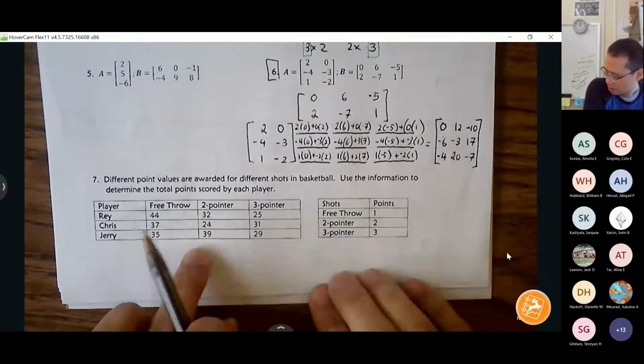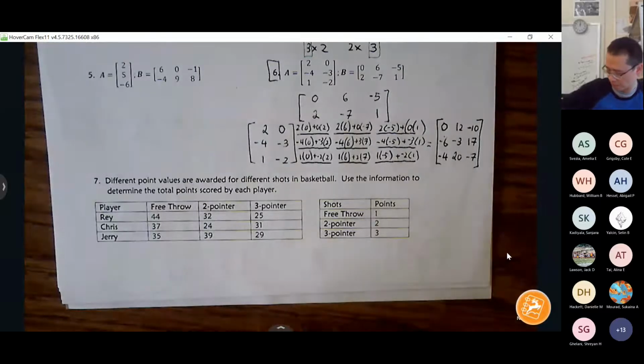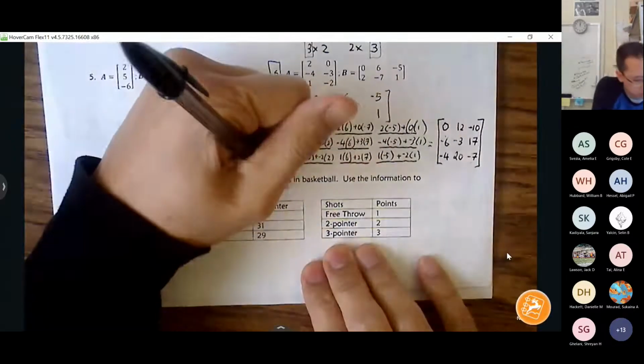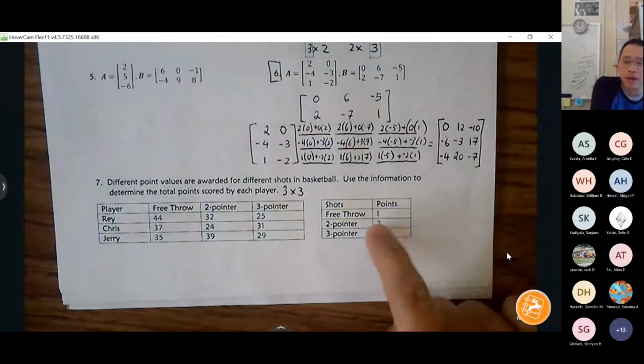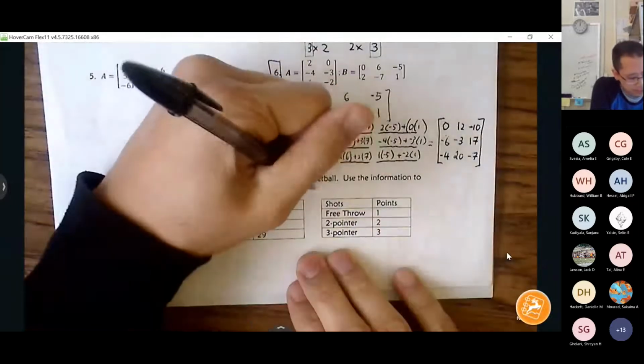So this is a 3x3 matrix, and this second matrix is a 3x1 matrix.